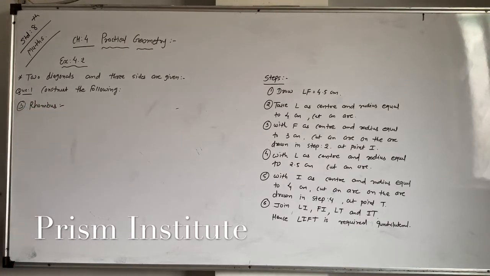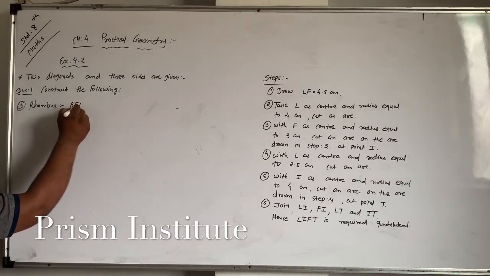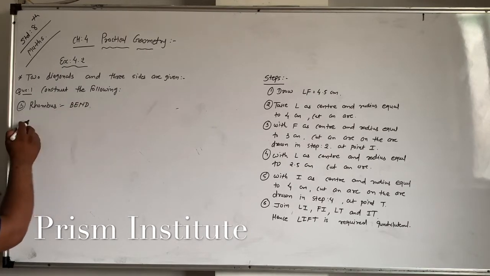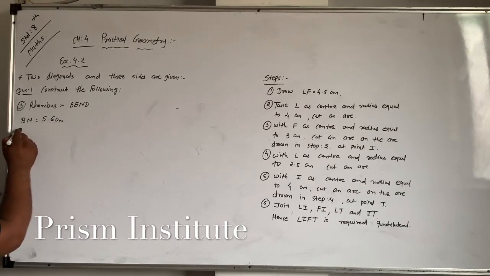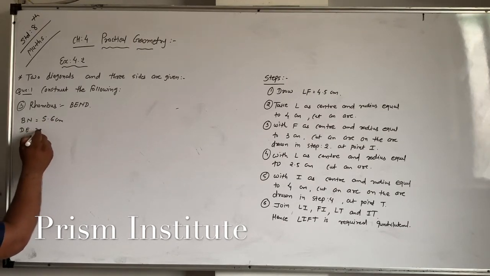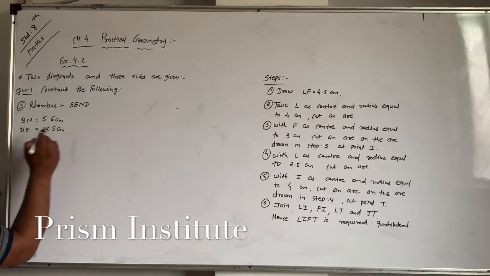Now rhombus is here, so you can remember the property of a rhombus. That is rhombus BEND, and the given condition is BN, that is 5.6 centimeter, and DE, that is 6.5 centimeter.